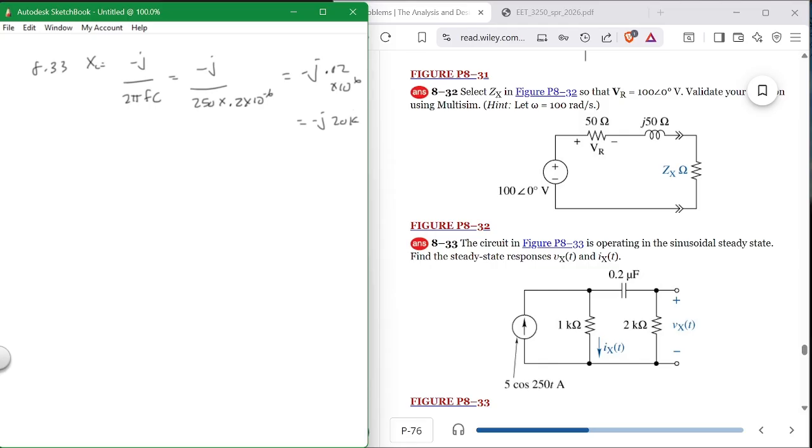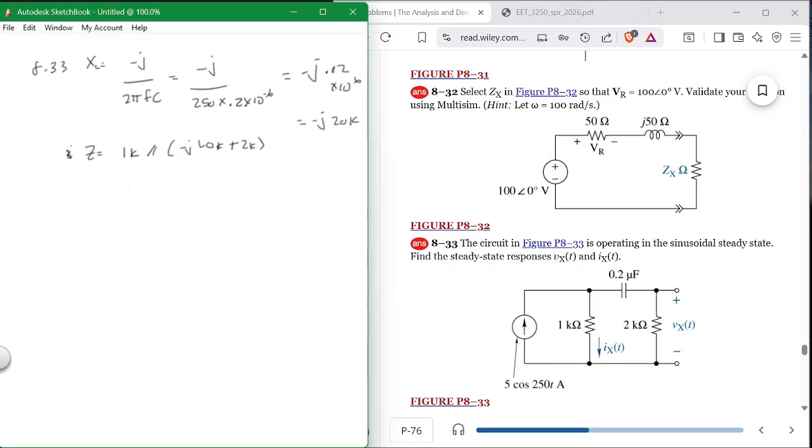Is that about right? Okay, so any questions about that so far? So now what is Z? Z is equal to 1k in parallel with parenthesis minus j 20k plus 2k, all right?